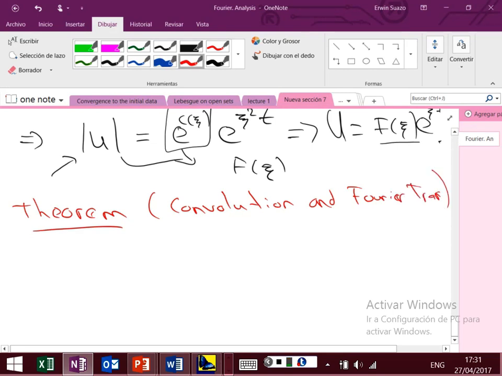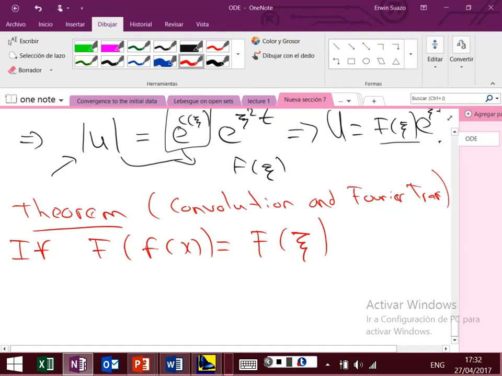Okay, so suppose that, well, in this case I'm just going to follow this note. So if my Fourier transform of f of x, I'm going to call it f hat of theta, that's very standard. It's like the Laplace transform, remember?